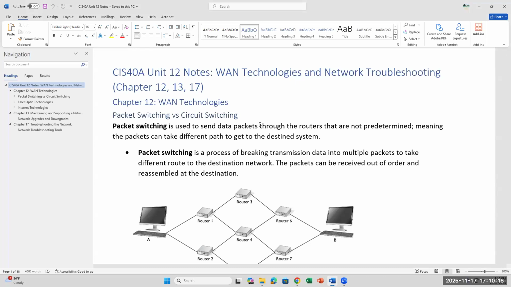We usually use packet switching as a way to transmit data, but not in one bulk. Think of it like chunking it into different packets so that we can send it and it's not going to reduce the performance of our network. This is how we move data into and out of our network.